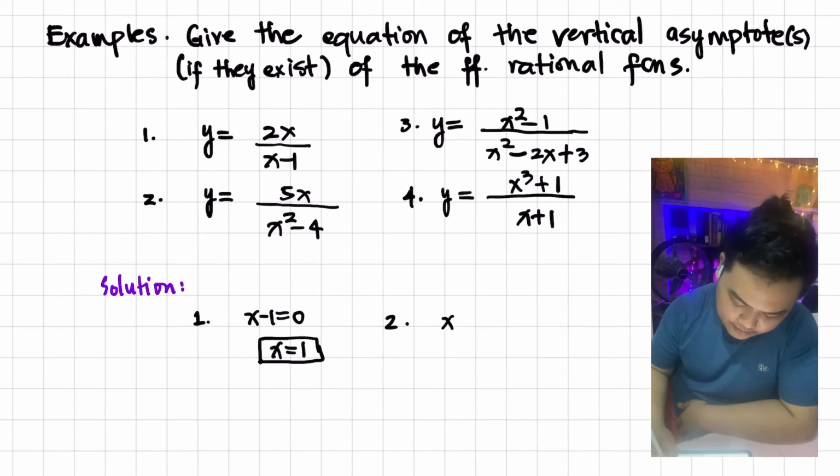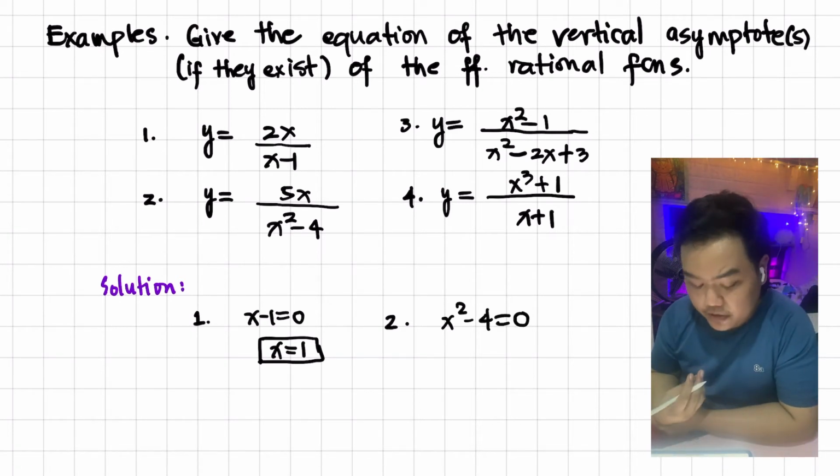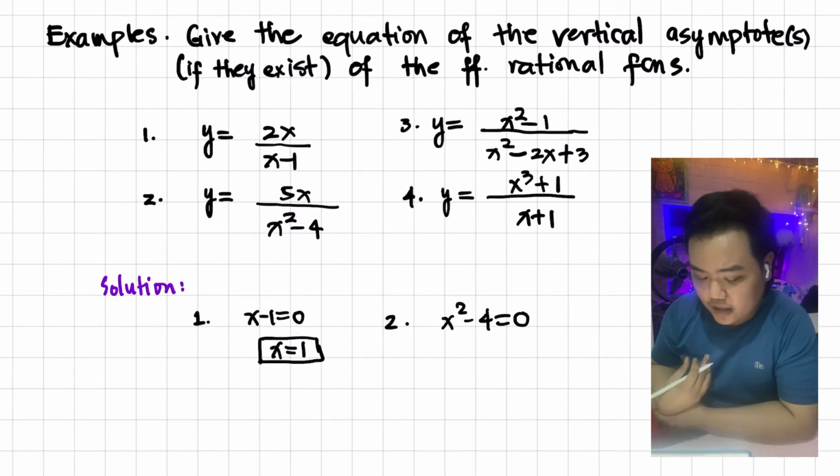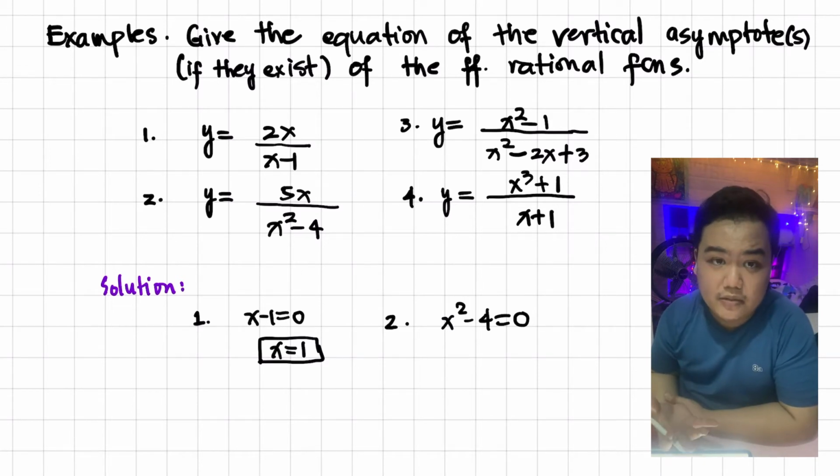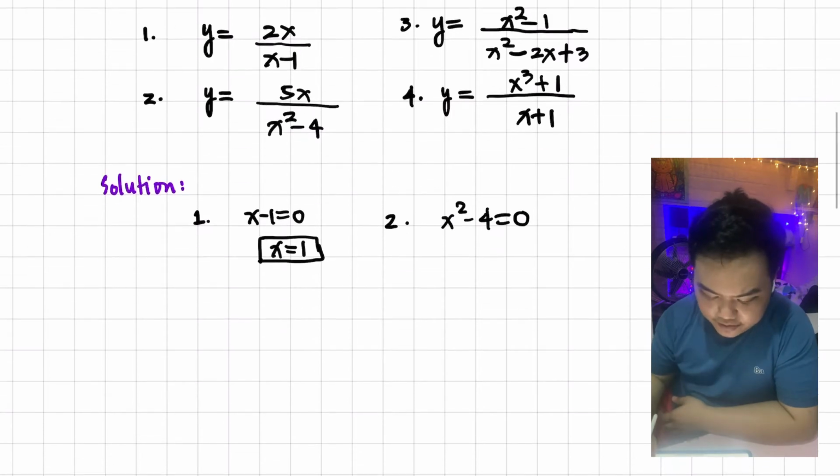So, x squared minus 4 equal to 0. And you just solve for x. Paano kinocompute to? This is a quadratic equation. You can solve this one by extracting the square root or using factoring method. Ako, I prefer the factoring method kasi pag nag-extract ng square root, kunwari nag-square root on both sides, nalilimutan nyo yung plus minus. Okay, that's why I'm gonna do this one via factoring method.